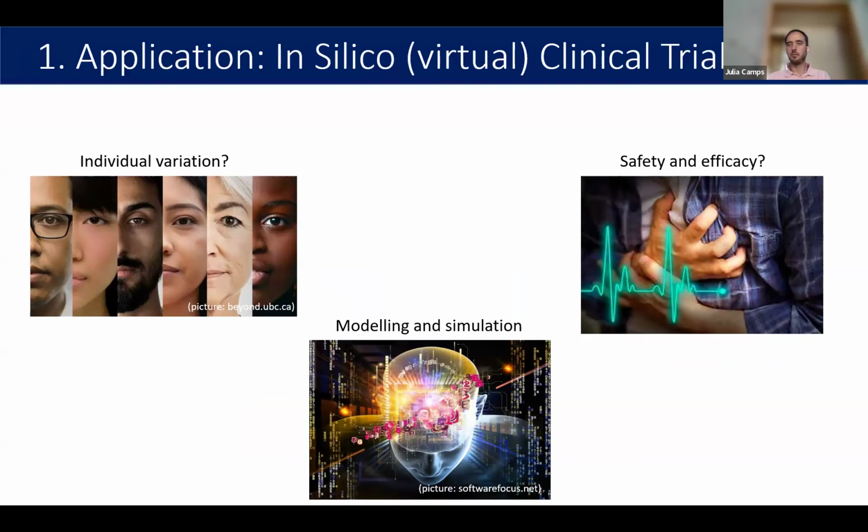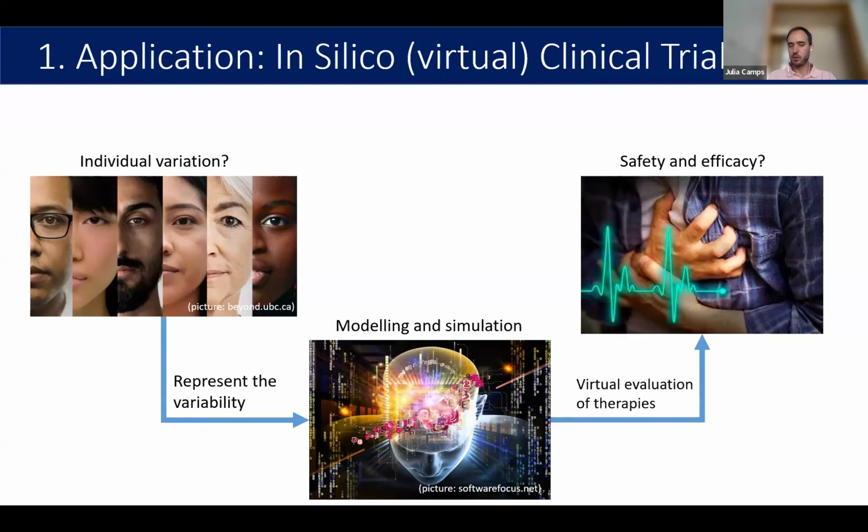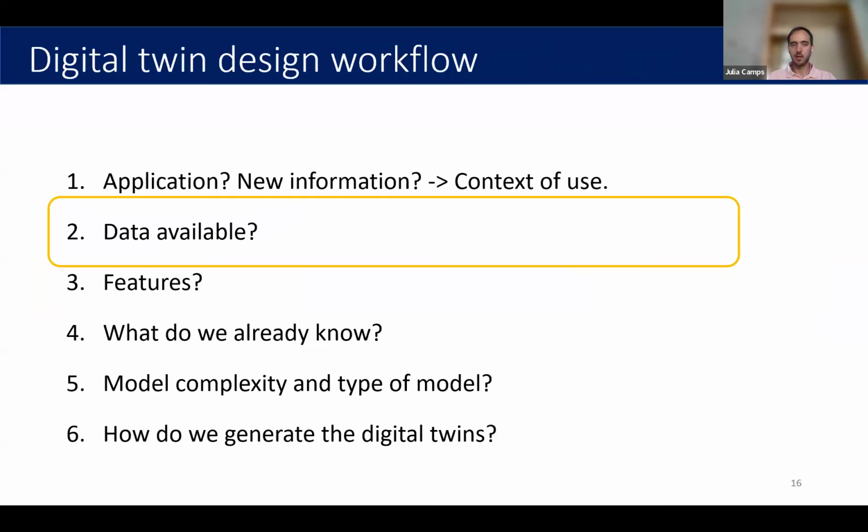But with the disease, the dispersion and the variability increases further, right? So you have this huge variability in terms of disease therapy response and disease development. So then what we want to do is use modeling and simulation to represent this variability and to be able to test and evaluate the therapy's efficacy and safety.